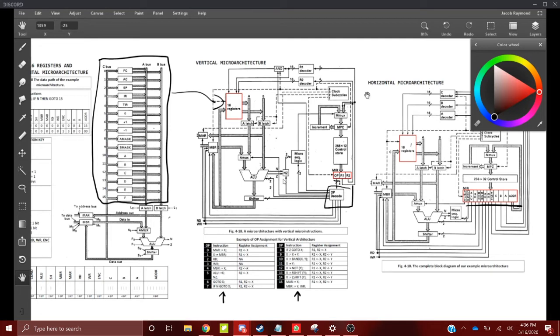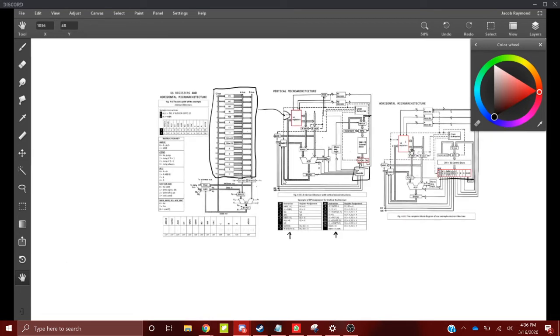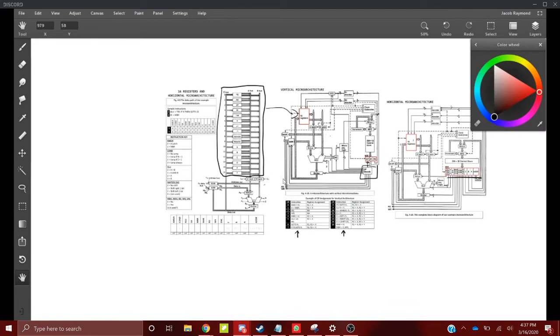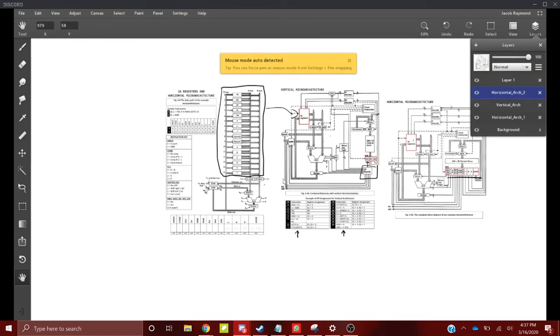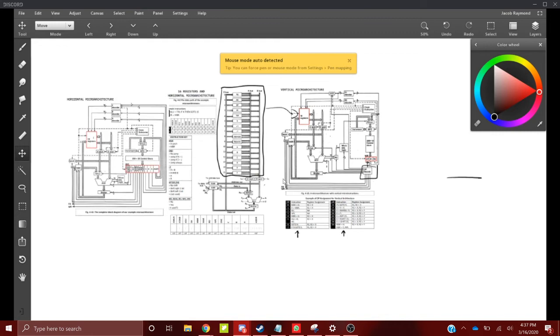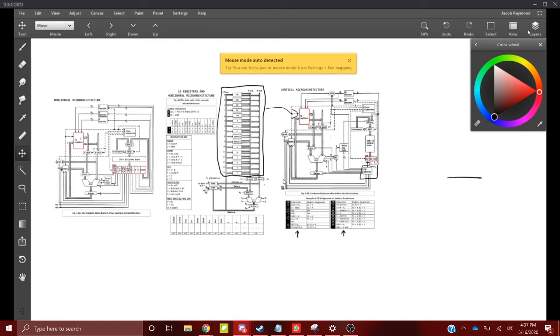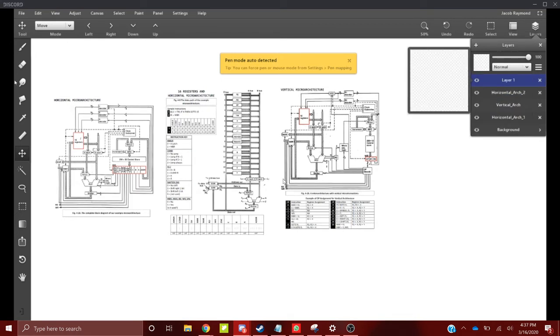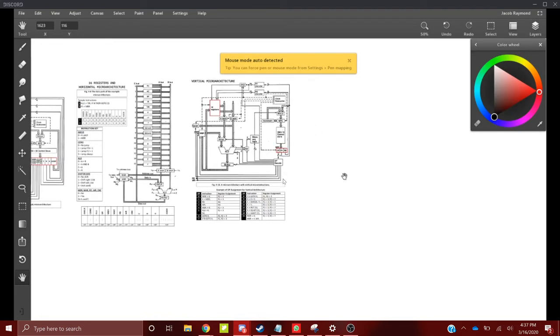And so let me go ahead and move this back here. And then we'll take a look at programming with the vertical microarchitecture. And for some of the future labs, you'll be using something known as VMAL.